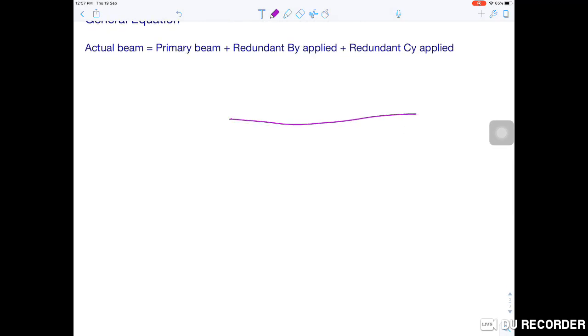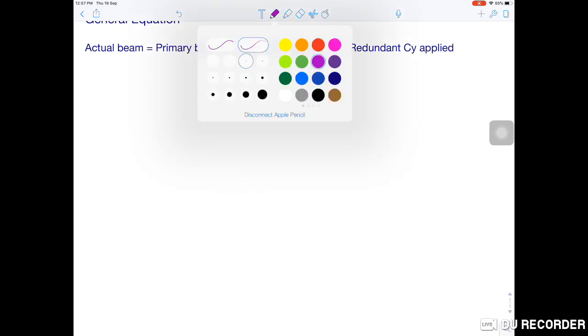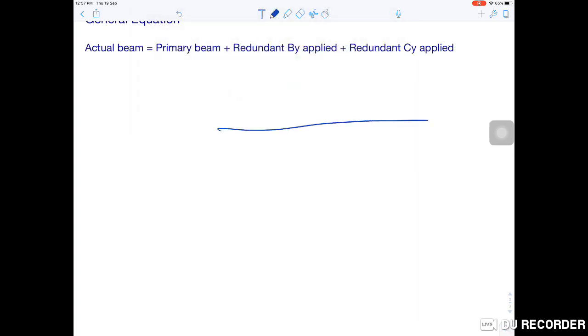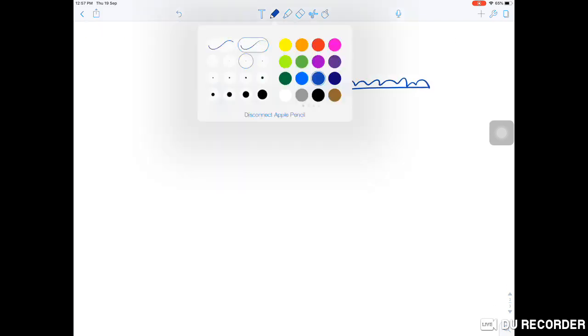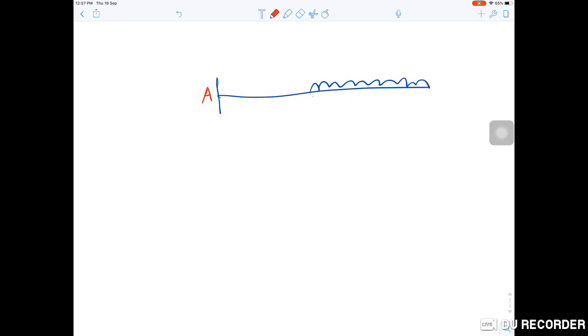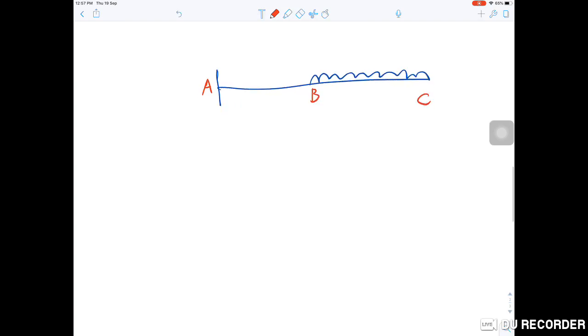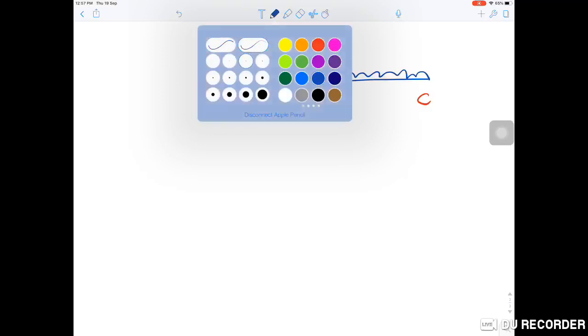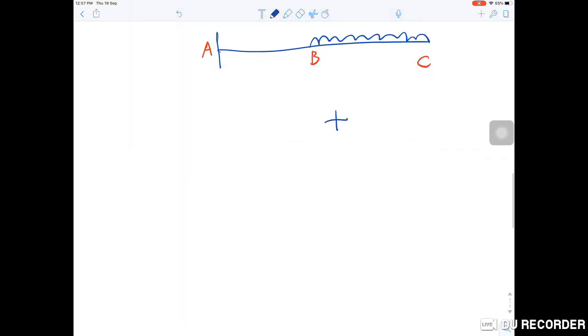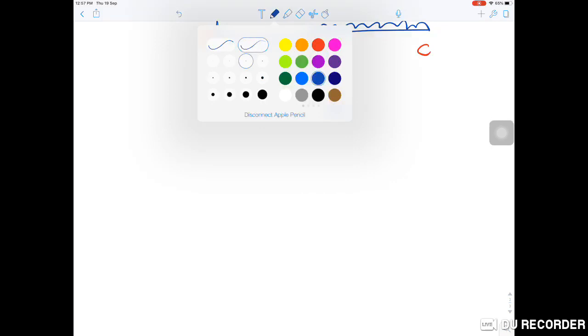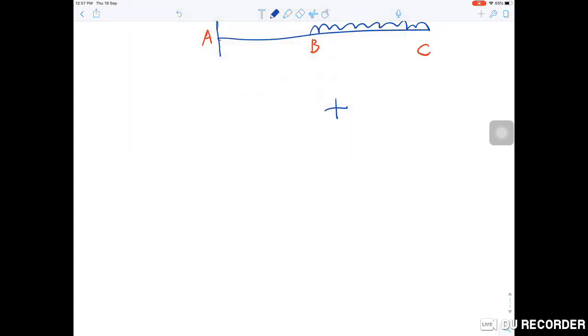This is a cantilever beam subjected to UDL, this is ABC, plus... wait, I want to start from the actual beam.